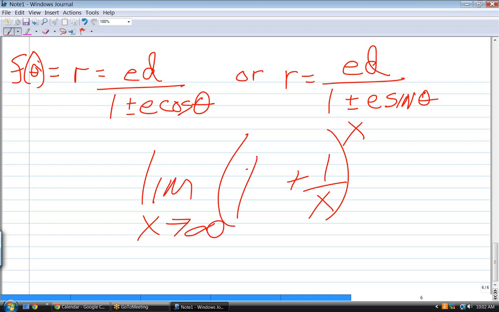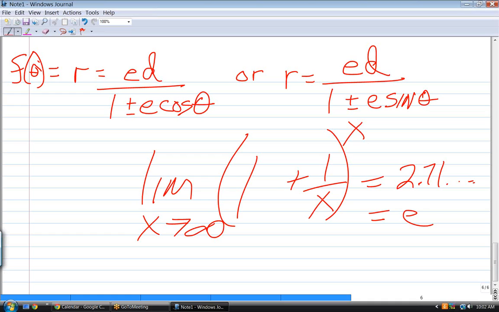Limit of 1 plus 1 over x to the x power as x goes to infinity. Classic problem that usually when I'm trying to inspire math students, in fact, I'm sure I did this the first time I saw you, was talk about this. That's equal to 2.71 and change, or E. And the cleverness of this problem is that as x goes to infinity, the part in the parentheses goes closer and closer to 1, right?